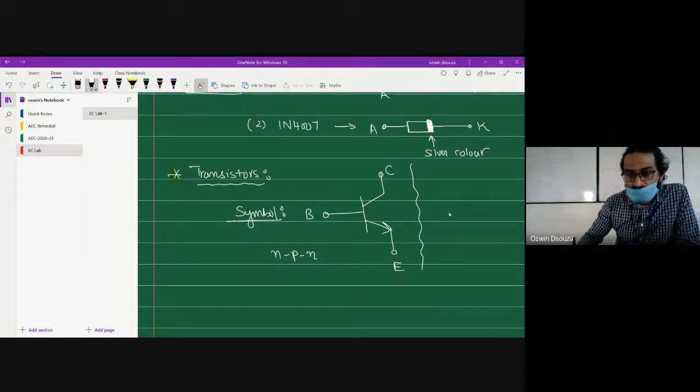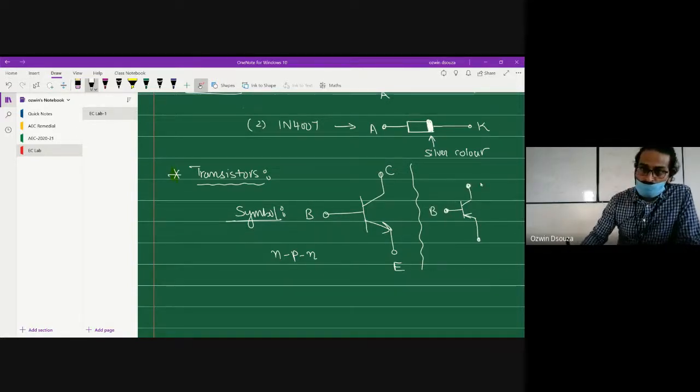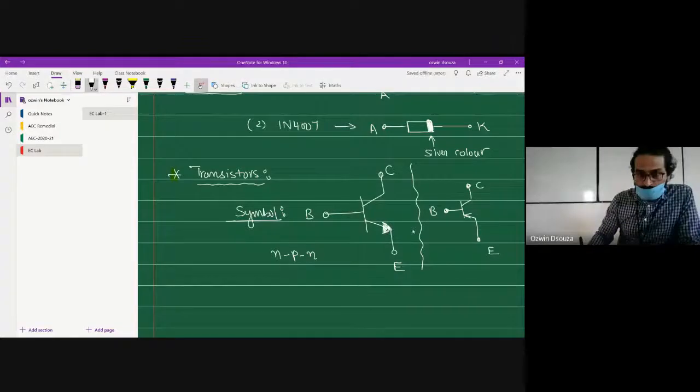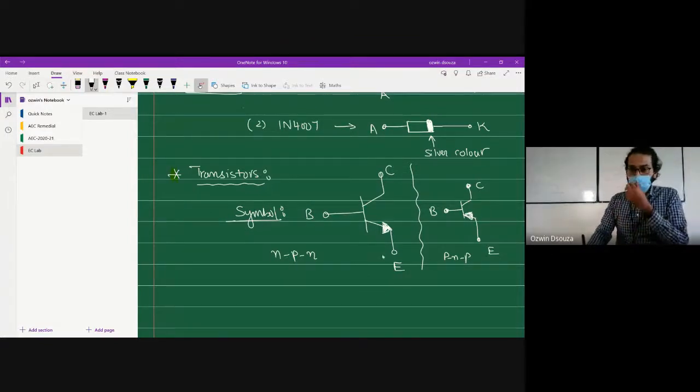On the other hand, a PNP transistor will have this type of symbol. Your emitter current is outgoing for NPN, and for PNP, emitter current is incoming. Okay, so that's the difference. That's what the symbol is all about.